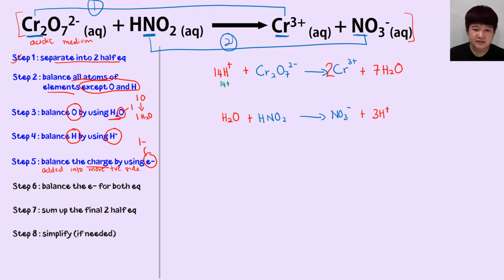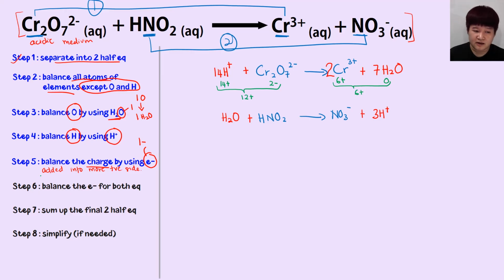Second, I have Cr2O7 2-, so I have 2-. The total charge over here will be 14 positive plus 2-, which is 12 positive. On the product, I have 2 Cr3+. 2 times 3+, I will have 6+. Water is 0. So on the product I will have 6 positive.